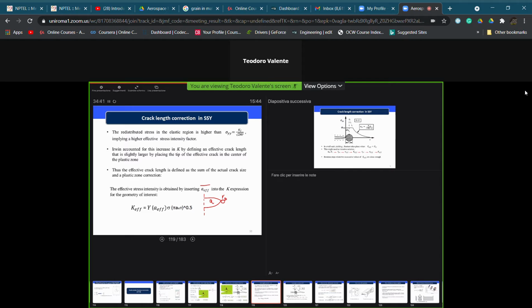In the proximity of the crack tip, and finally, by introducing this modified crack length, for which, I repeat, we need to sum to the initial crack length the estimation of the plasticity radius, usually we can use this formula, which is just the same formula of linear elastic fracture mechanics.